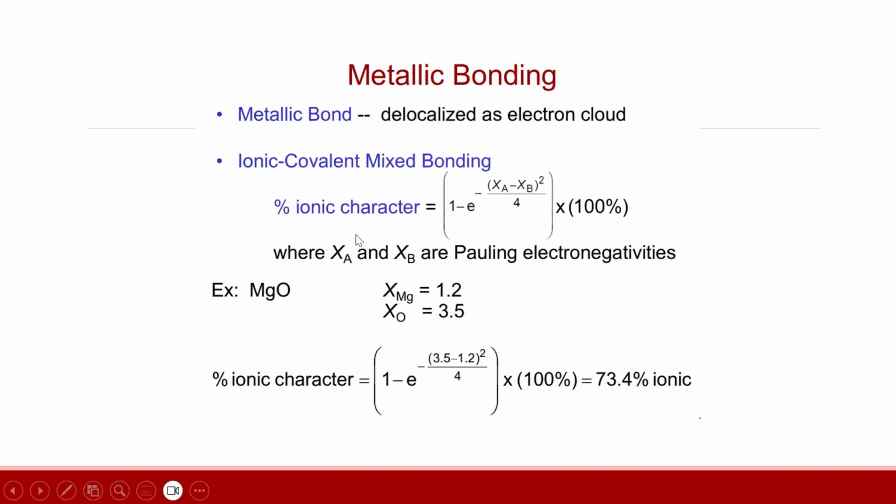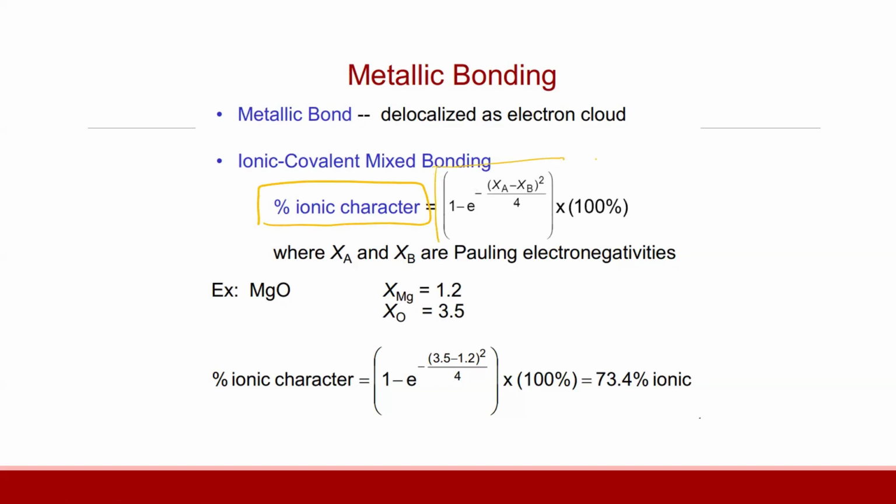Okay, now the next thing is that it's very hard to find out whether a bond is covalent or ionic. So we have something called the percentage ionic character. It shows us the percentage. If the percentage ionic character is high, that means it is going towards the ionic type bond. Again, we are going to do a question with this in the tutorial. The equation for percentage ionic character is this.